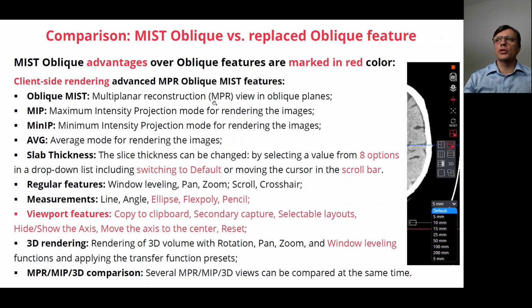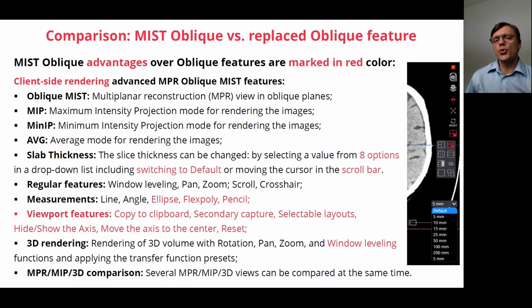And I also want to start on the comparison. The red color shows what was added on top of the Oblique function. The red is the difference which we added for our partners and users, the new functionality, like copy to clipboard, secondary capture, and selected layouts.